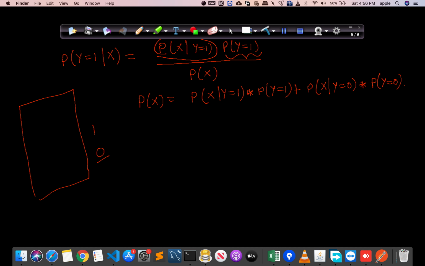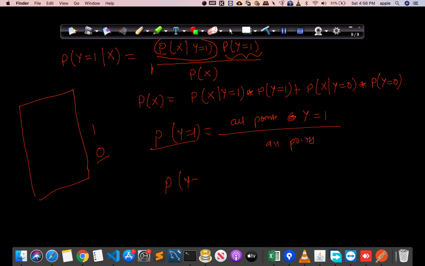So if someone asks you the probability that y equals 1, we can simply take all points that have y equals 1, divided by all points, the total number of points in our training set. This will give us the probability that y equals 1. Simple. And for y equals 0, it is the same thing, but here y should be 0 for the numerator.